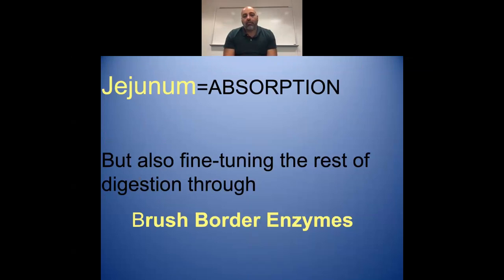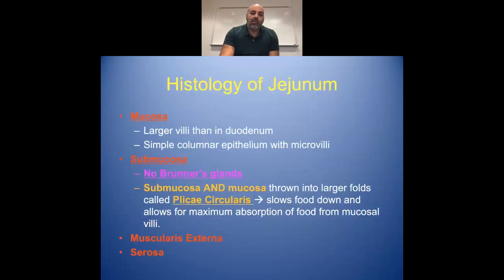Jejunum, this is where we do a majority of absorption. We use brush border enzymes in here to break down your dipeptides that are still floating around. So jejunum has villi, has microvilli, but it does not have plicae.